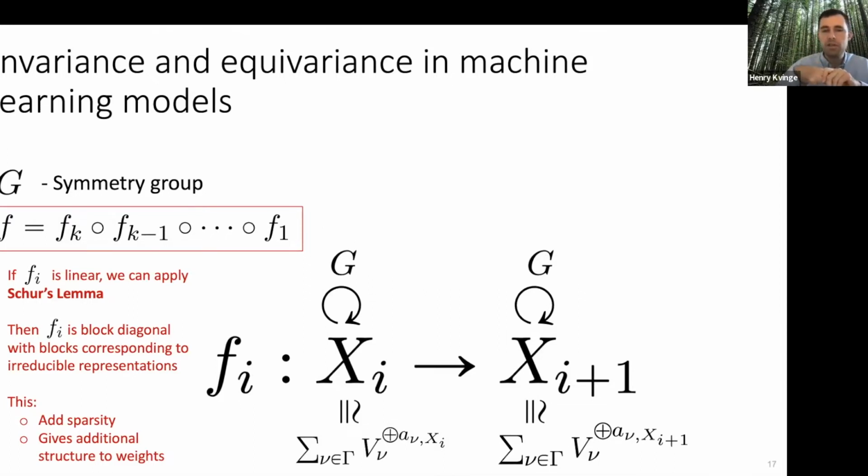And in the machine learning community, people love this because the structural theorems that come with group representations mean they can have fewer weights and faster learning and things like that. I'll show an example of this in a minute.